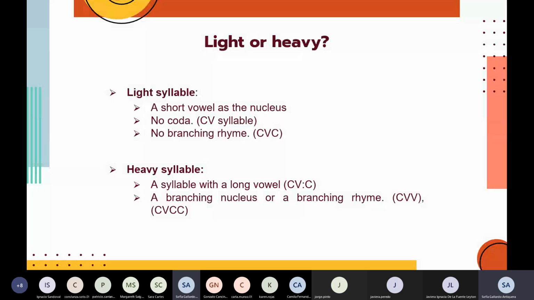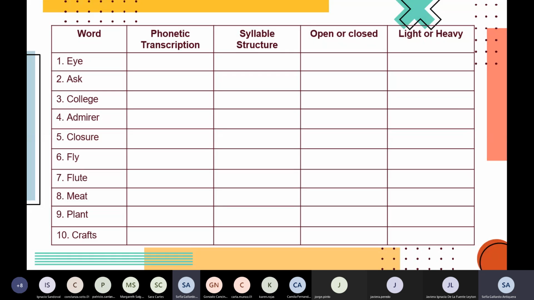No? Okay. So I will ask you now. This looks a bit long, but it will be okay. I will ask you to work on this for a while. You have a set of words, 10 words to be specific, and I will ask you to find the phonetic transcription. Try to use Cambridge online because it's like the best one, you could say.